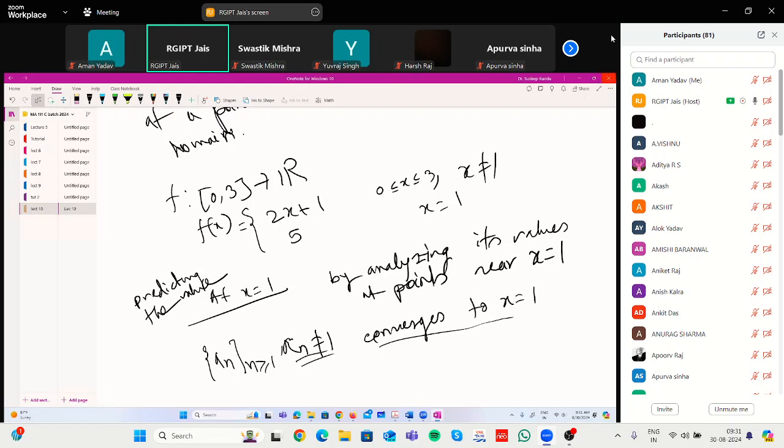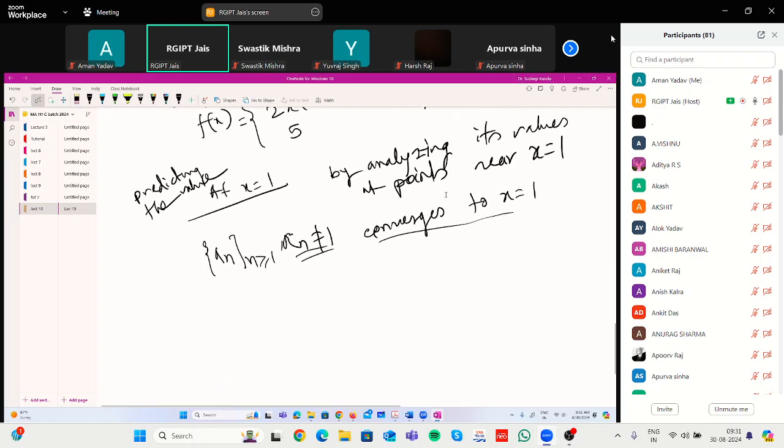What you should check? What is happening with this sequence, where it goes. Okay. So where it goes, you have to check. And that will be your limit at that point.